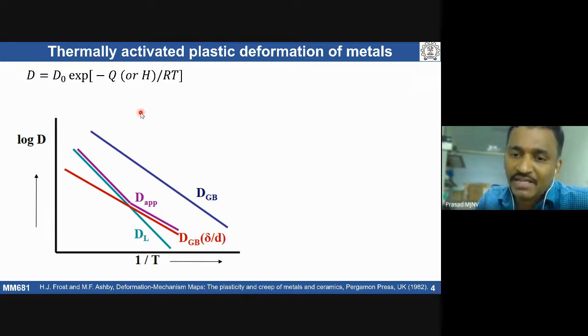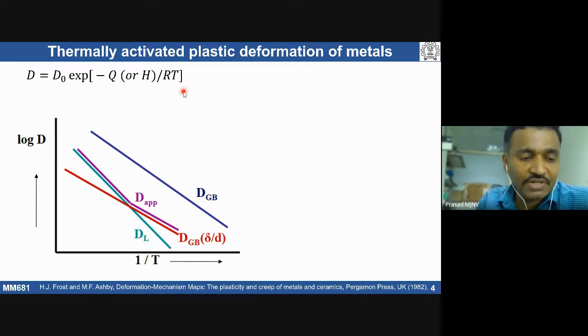One has to overcome that barrier, which requires some activation energy. That is the activation energy for self-diffusion. The same atom jumping from one atom position to another atom position is called self-diffusion. That's one thing we see in materials.